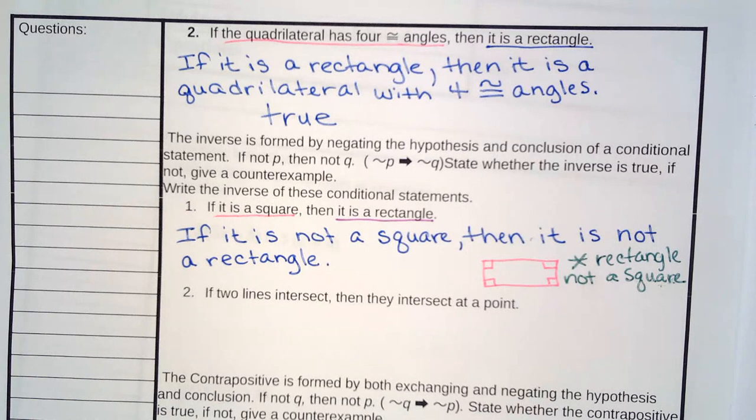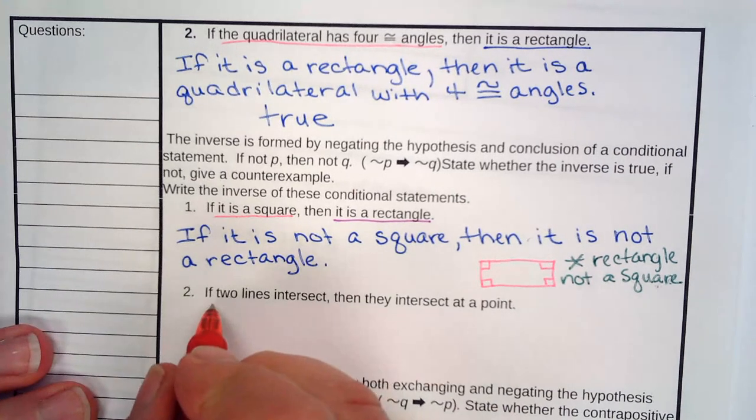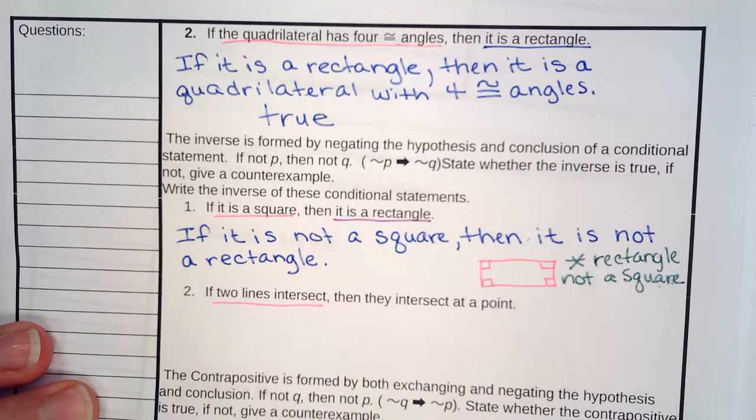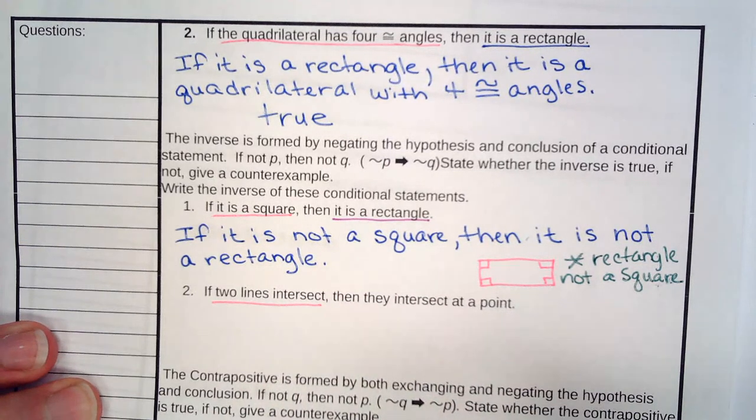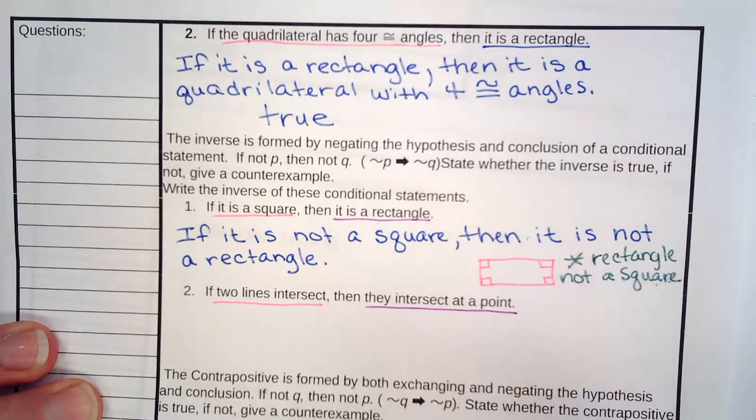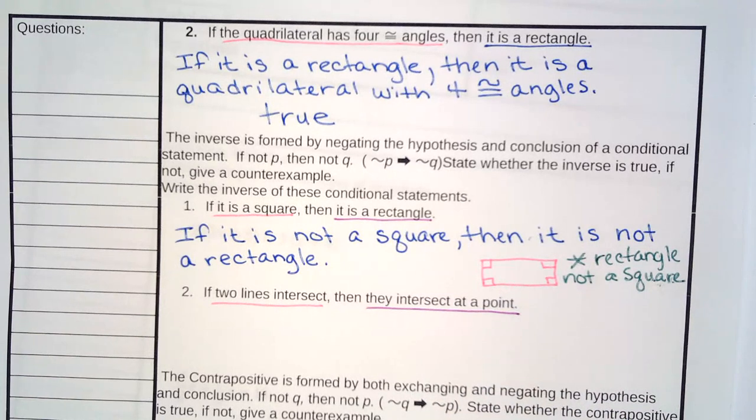Okay, pause the video. Can you do the next one on your own? Pause the video now and see if you can underline the hypothesis and the conclusion. So, hypothesis, two lines intersect. Conclusion, they intersect at a point. Remember, we're just negating both of these.